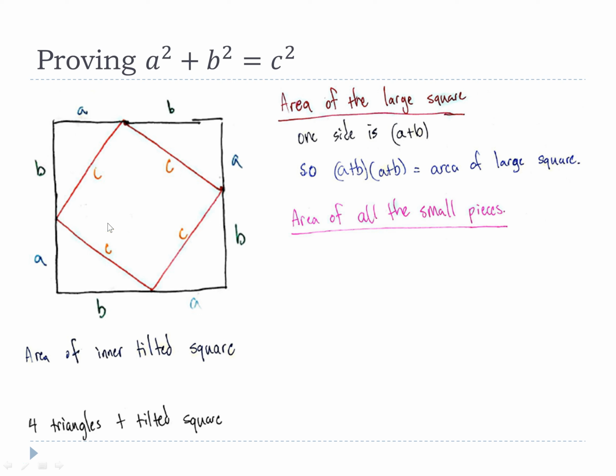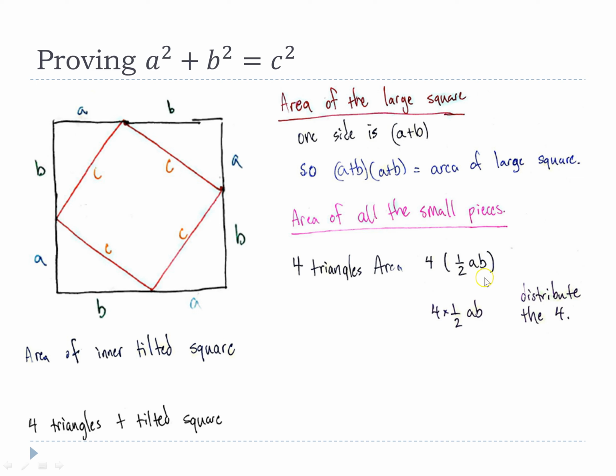Step by step: the area of a triangle is A times B divided by 2. But there are 4 triangles, so I have this formula 4 times, and that's where this 4 comes from. The 1/2 A times B is the area of one small triangle. So let's distribute the 4.